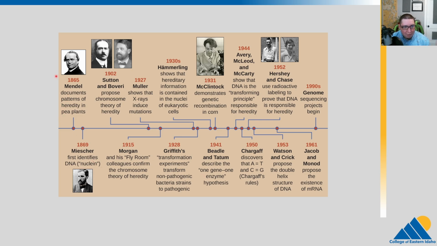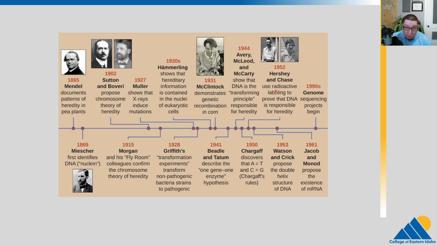Okay, so we've traveled from Mendel through Sutton and Boveri. Miescher discovered DNA there. Sutton and Boveri said chromosomes are the genetic basis for Mendel's work. Morgan and his fly room. Griffith figuring out the transformation experiment. But then we had Avery, MacLeod, and McCarty explaining why transformation worked. Chargaff with his rules.